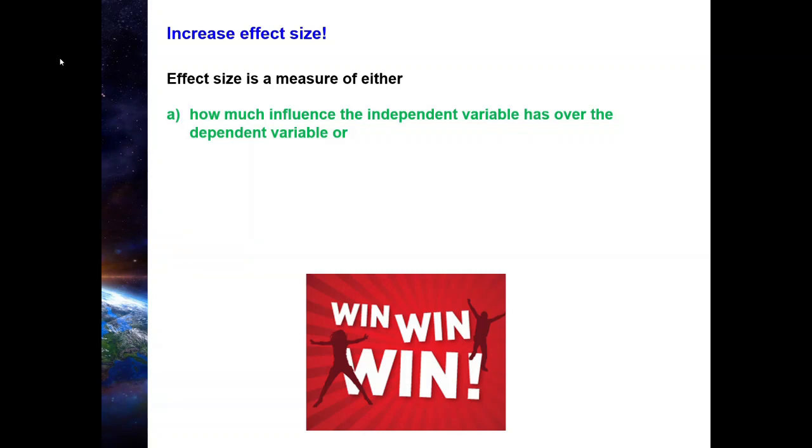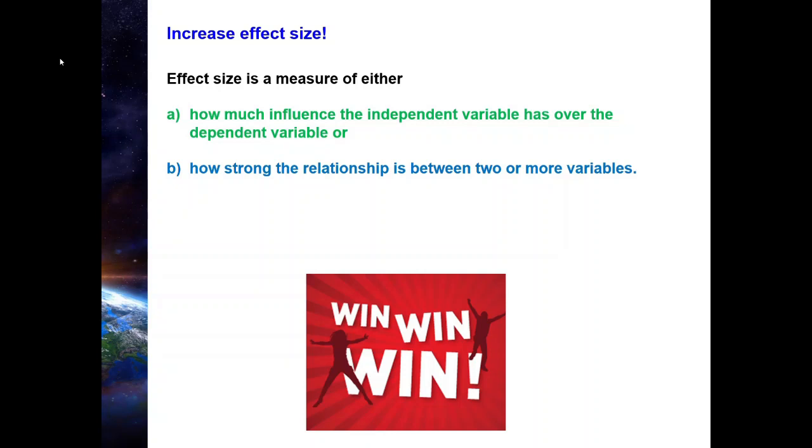All right, so if you do an experiment and your IV affects the DV to a very large extent, then that will give you a large effect size. On the other hand, if your independent variable affects your DV but only very weakly, then the effect size is going to be small.